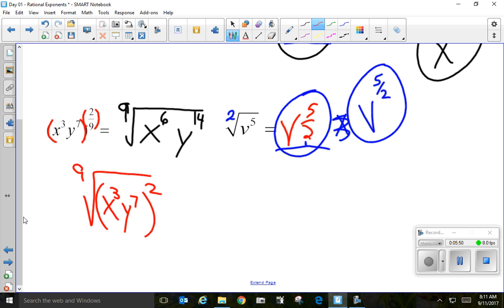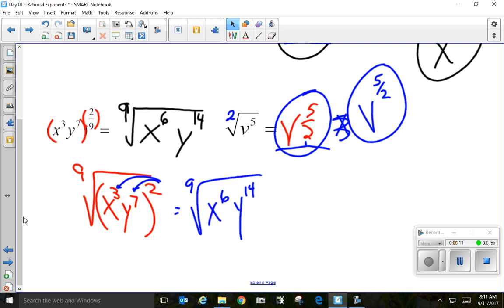I would have accepted that, but Ben went a step further and simplified it even more. When we have exponents raised to exponents, we need to multiply them together. 2 times 7, 2 times 3. So you still have the 9th root of x to the 6th, y to the 14th. And that's absolutely correct. Good.